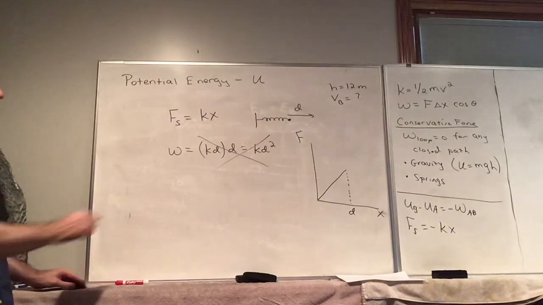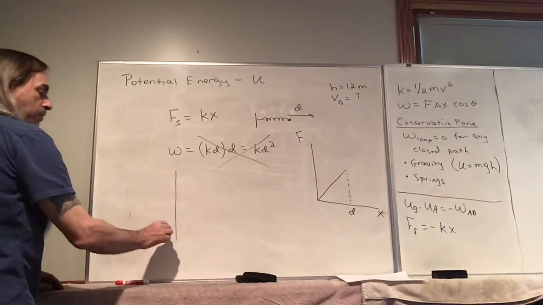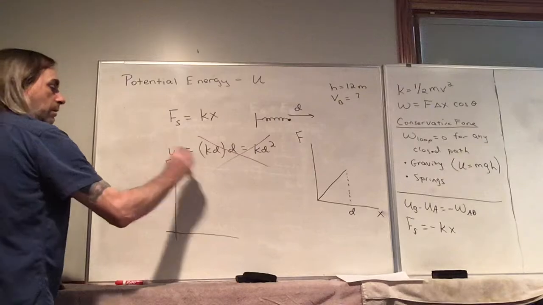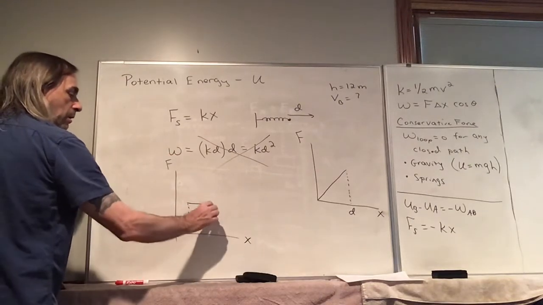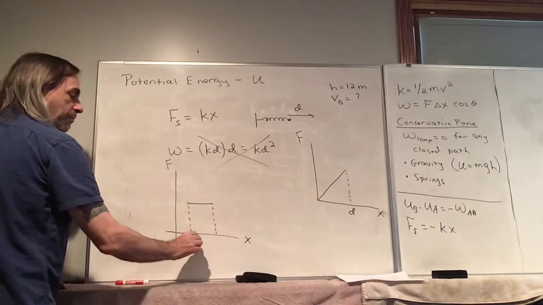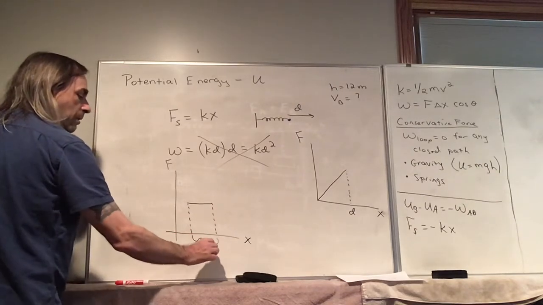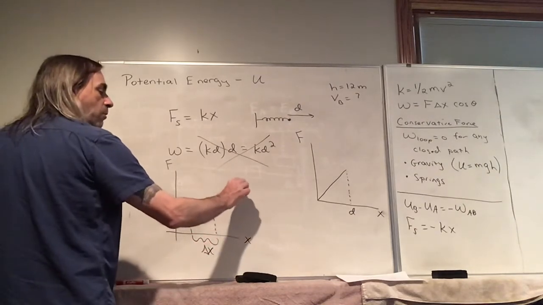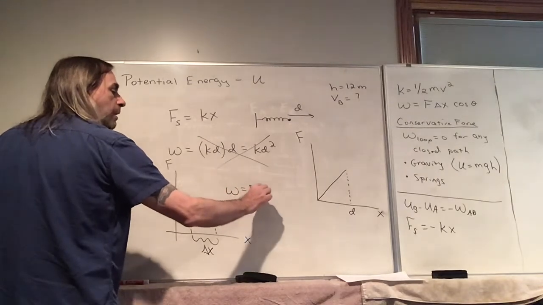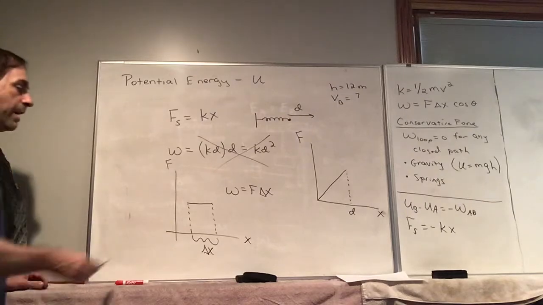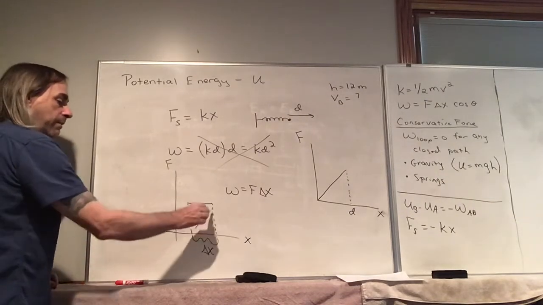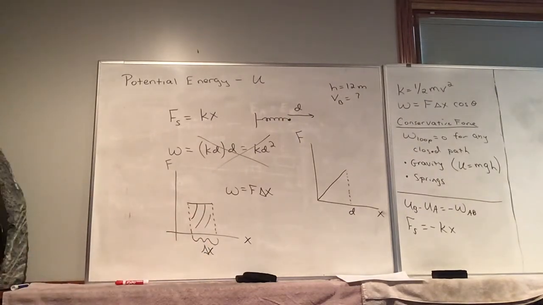Now, if we have a constant force, let's plot that for a moment. Say we have a constant force, and we apply that through some displacement delta x. Remember, for a constant force, the work is equal to the force times the displacement. And we can see in this example that that would just be the area of this rectangle.